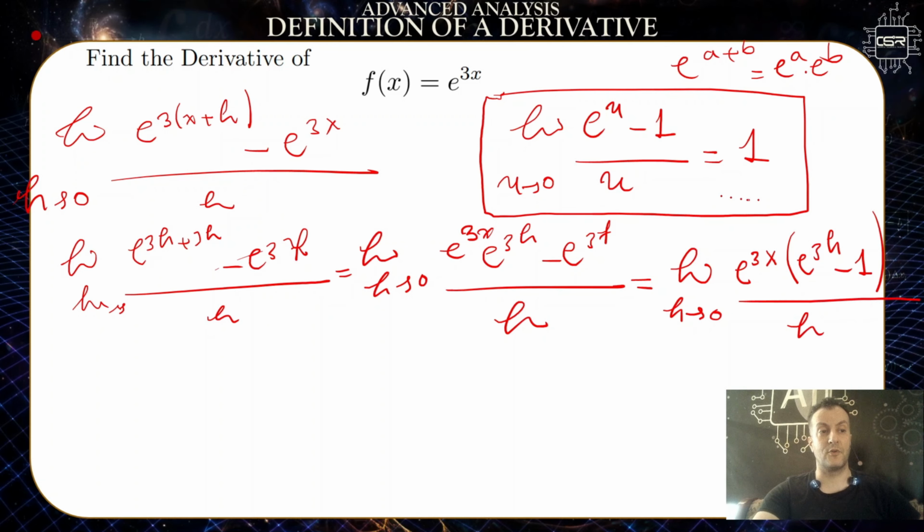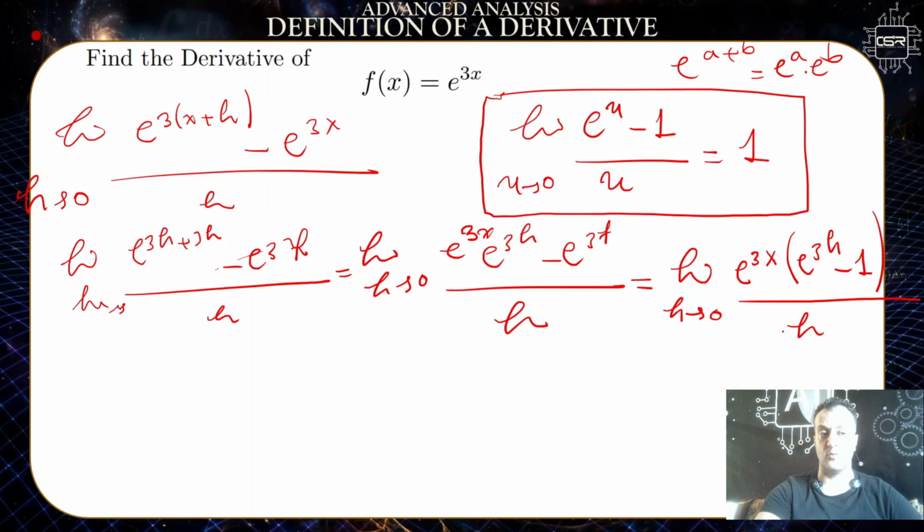Now, remember this formula: limit of e^u minus 1 divided by u as u approaches 0 is equal to 1. But the exponent of the exponential, this u term here in the numerator, should be the same in the denominator. So the power of e is 3h. We need to have 3h in the denominator, right? So we need to multiply by 3 so that we get 3h in the denominator, and also in the numerator, because we need to create a balance.